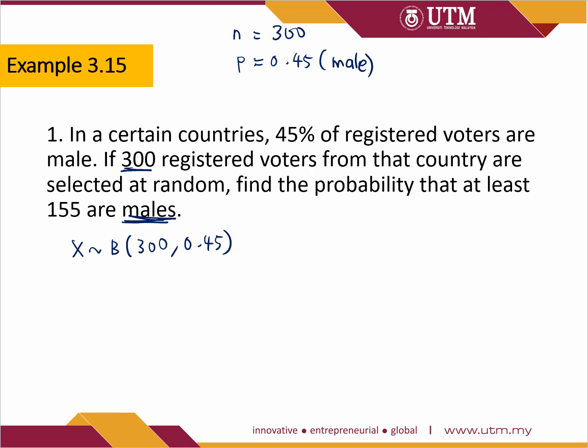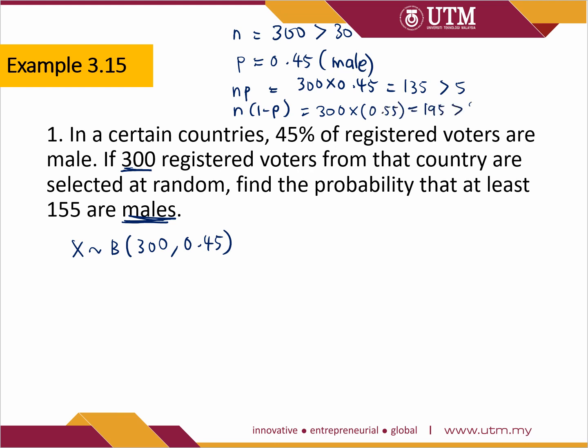But you can see here, your n equals 300 is greater than 30. And also let's check for np and also for n(1 minus p). So 300 times 0.45, you will get 135, which is greater than 5. And also n times 0.55 would be 195, which is greater than 5.